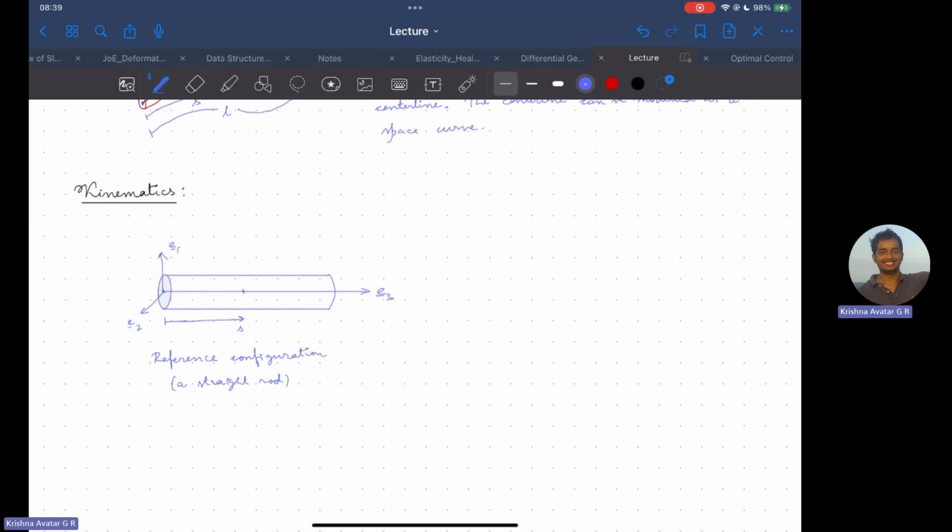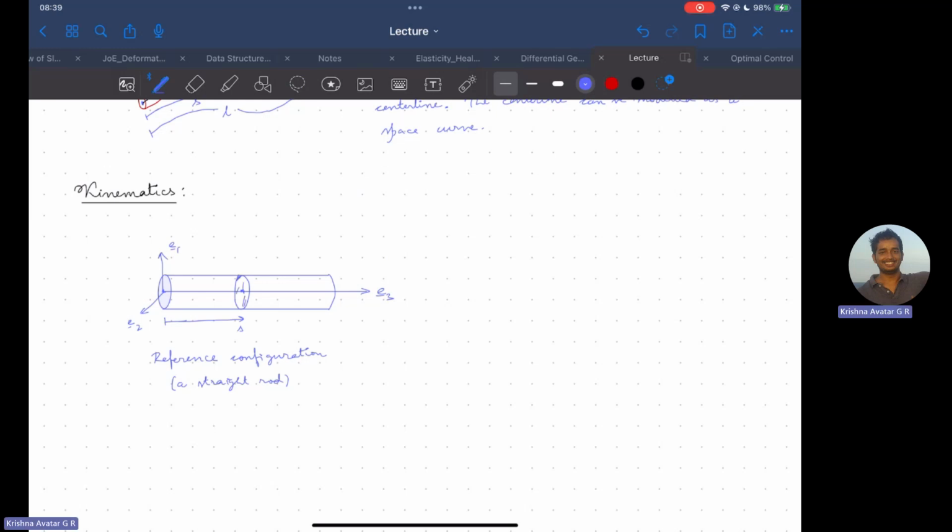We apply some deformation. And here we would have some cross section. Then of course, the center line is located at the position s. The cross section is the surface.